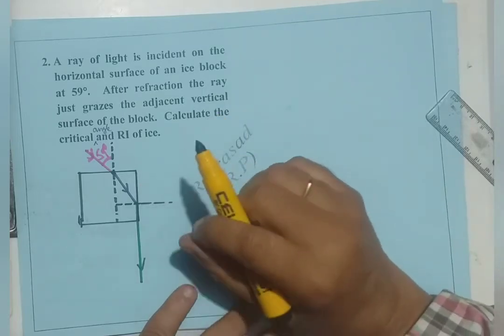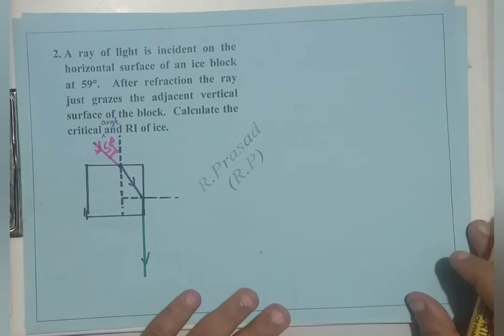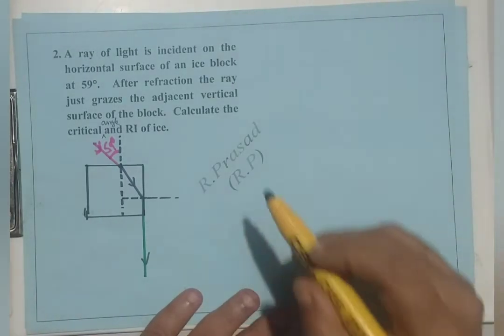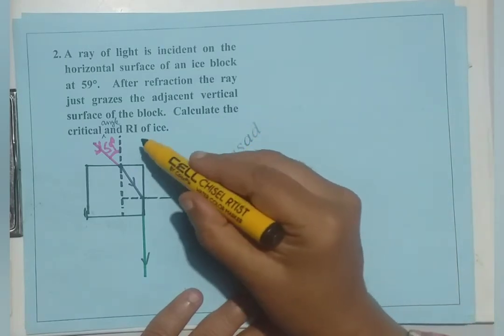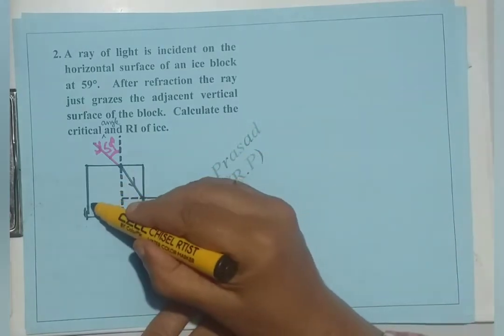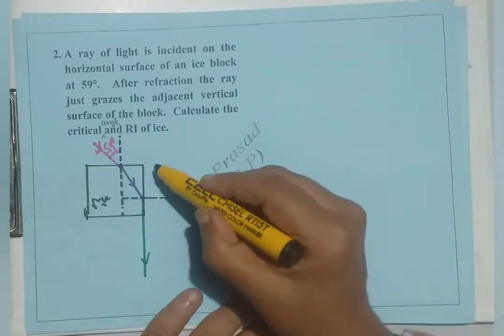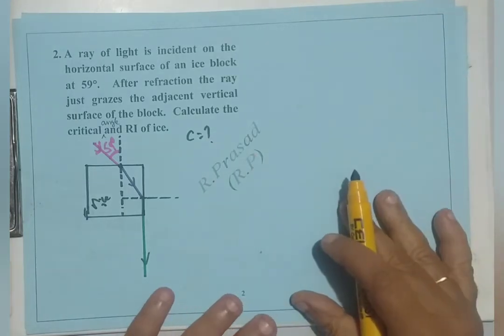Observe, in all these problems, our skill of drawing the figure by reading the sentence is very, very important. Now we are asked to calculate the critical angle and refractive index of ice. N ice I call the refractive index and critical angle C to be calculated. How do we start with that?